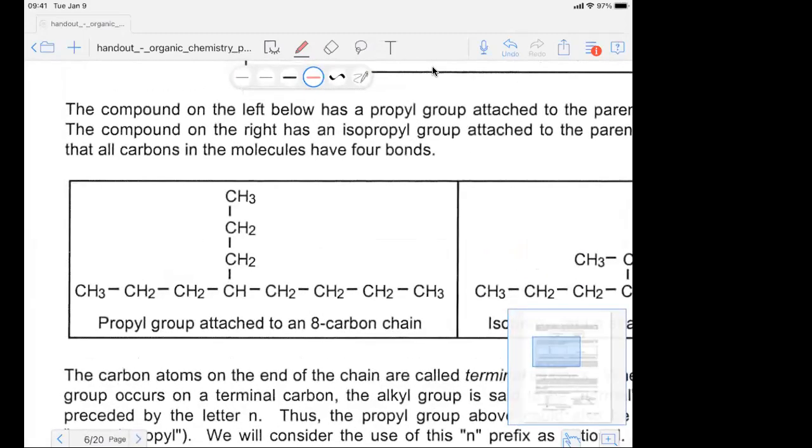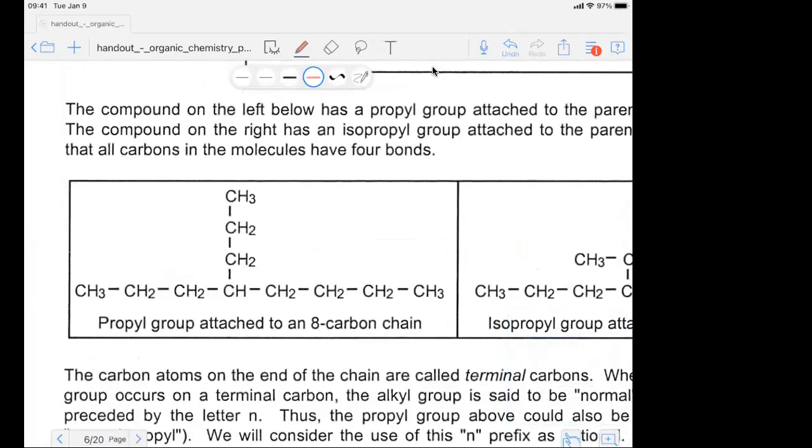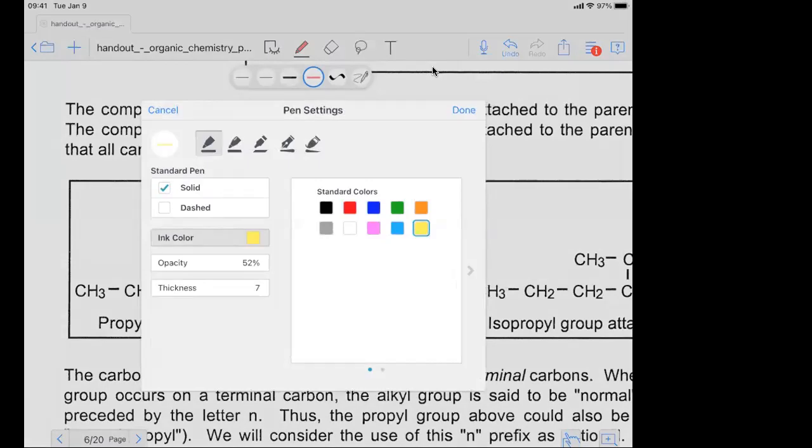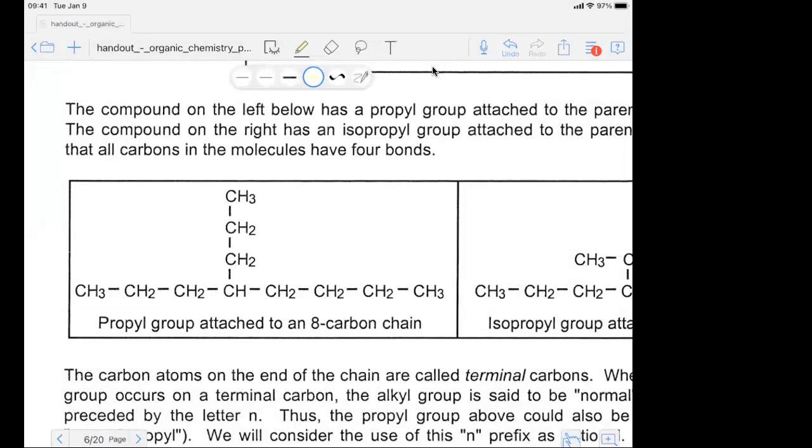So here's an example. I'm going to change that to yellow again. All right, let's look at this example. Pretty easy. So just to be clear, we can either just go straight across, in which case we have 1, 2, 3, 4, 5, 6, 7, 8 carbons, or we can go 1, 2, 3, 4, 5, 6, 7.